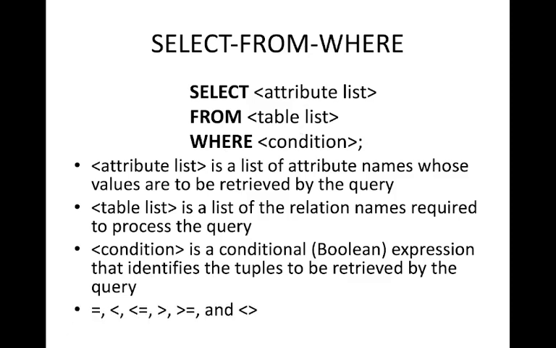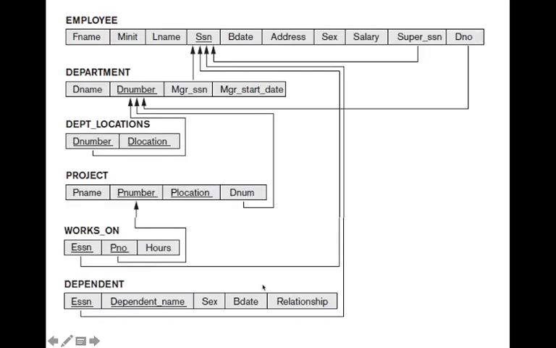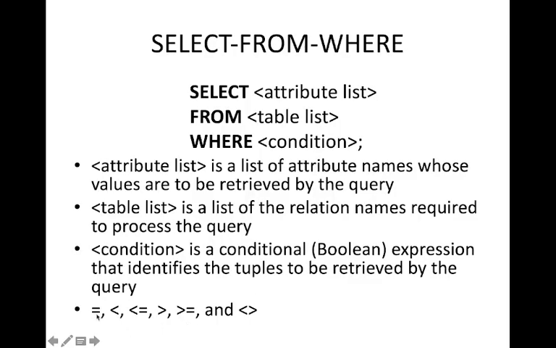One thing to notice: we can have any of these relational operators in the condition. These are equal to, less than or equal to, greater than or equal to, and this is the symbol for not equal to. When you studied C or other languages, you might have used an exclamation mark and equal to.